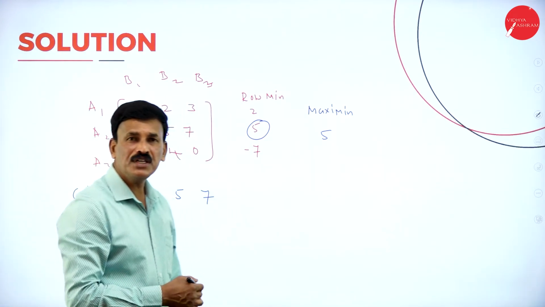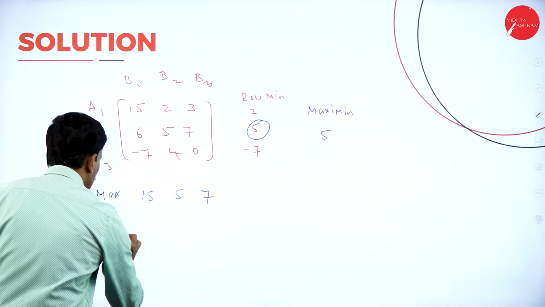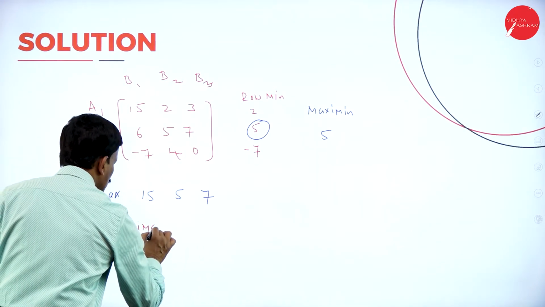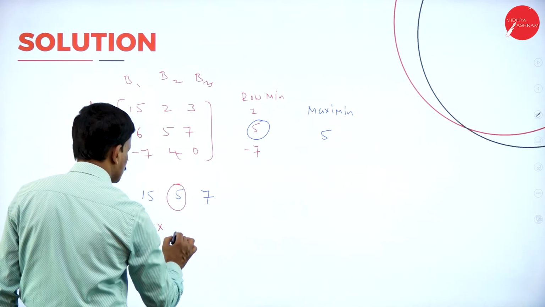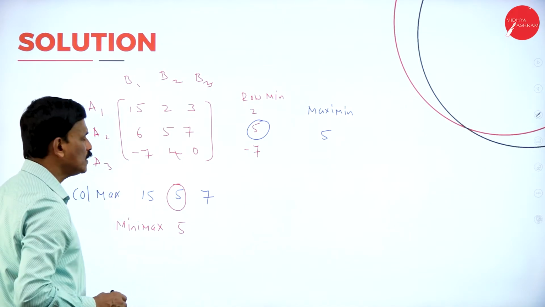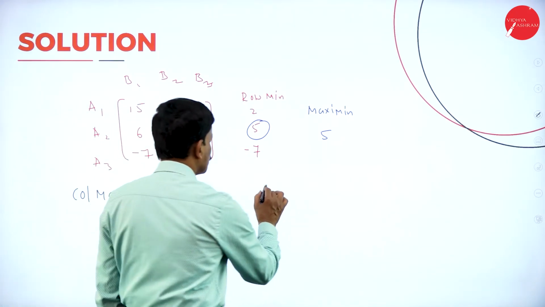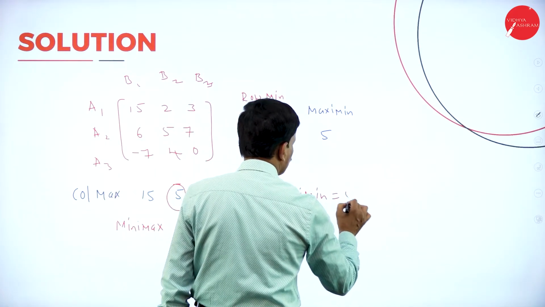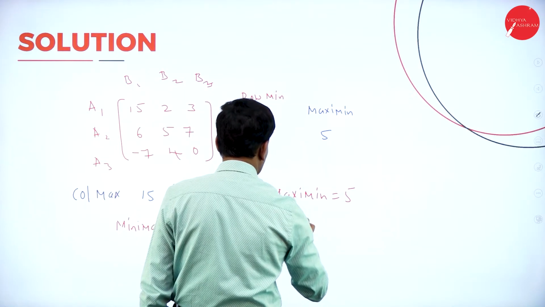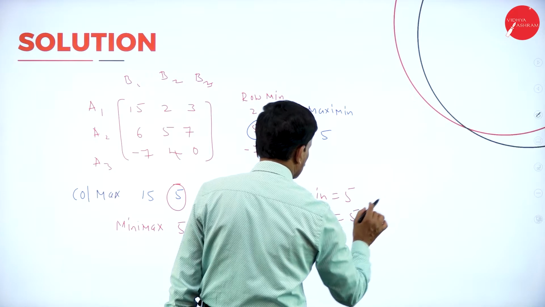Now find out the minimum value in these maximums. That is called minimax. The minimum value in these maximums is 5. So the minimax value is 5, and the maximin value is also equal to 5.